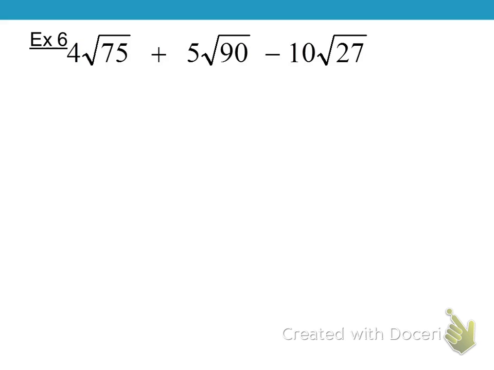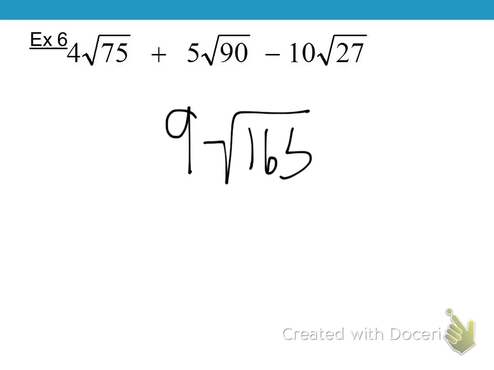Now, hold on. I just want to pause. A few of you were saying, like, this is really easy. And I agree. However, I just graded, my juniors did this same thing, and everyone says it's easy. And then they get to the test, and they write something like 9 square root 165. Do you see why that's wrong?